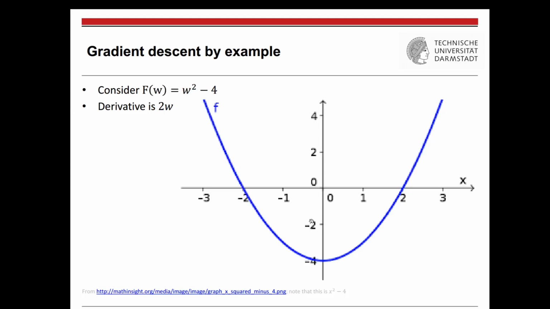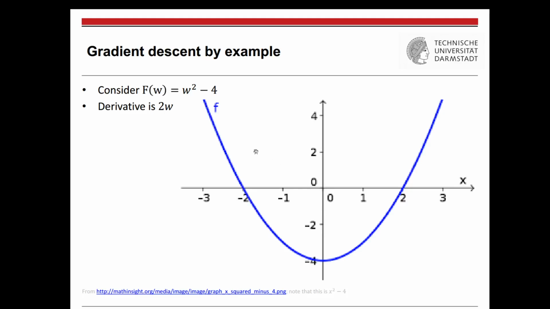The graph of this function is given here, and as you can see from the graph and also from your mathematical intuition, we already know the minimum of this function. The minimum is -4, and it's attained at the point x equals 0. So when x or w, no matter how you want to call the argument, is 0, then our function takes the minimum value, which is -4.